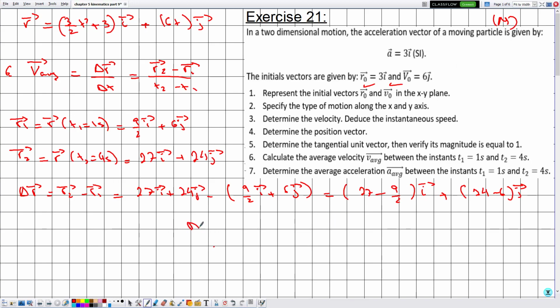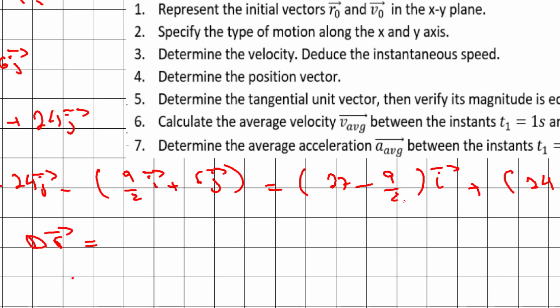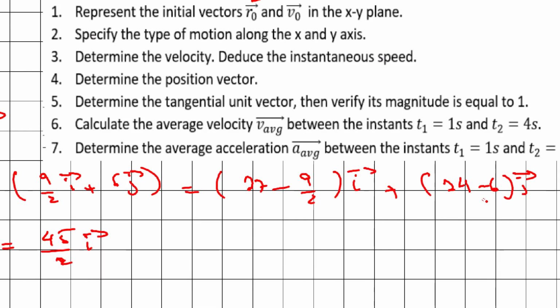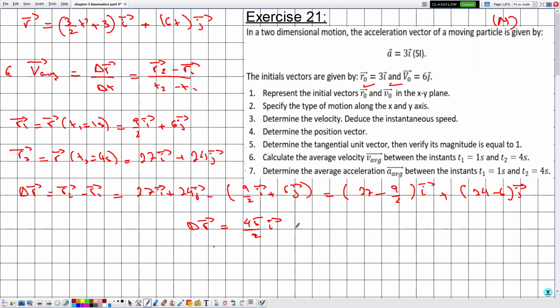Then in this case delta r is equal to 27 minus 9 over 2, which is 45 over 2 i, and 24 minus 6 is 18 j. Okay, so this is the value of delta r.